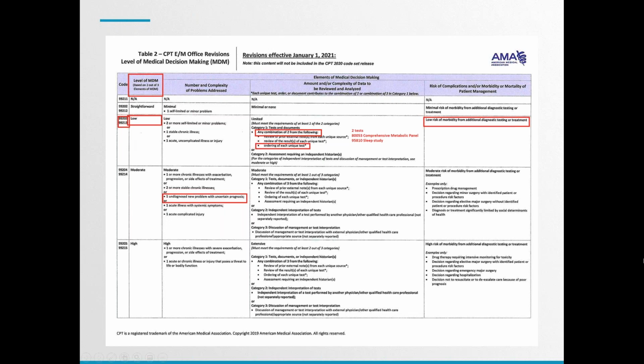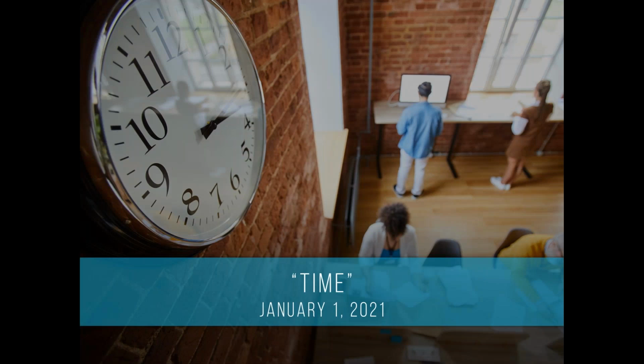So I think by now you kind of get the hang of it, and we're going to move on, and we're going to talk about how we choose our level of service based upon time, because that terminology and the way we choose our level of service based on time has changed as well.